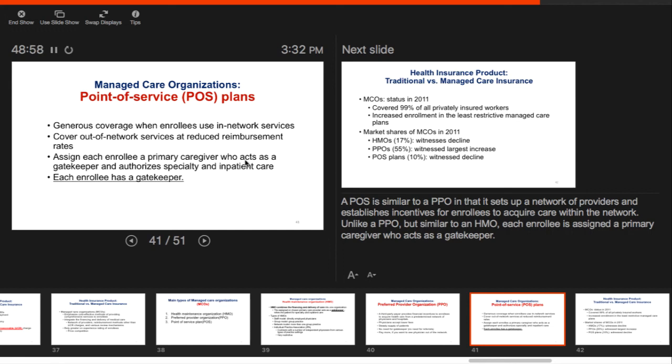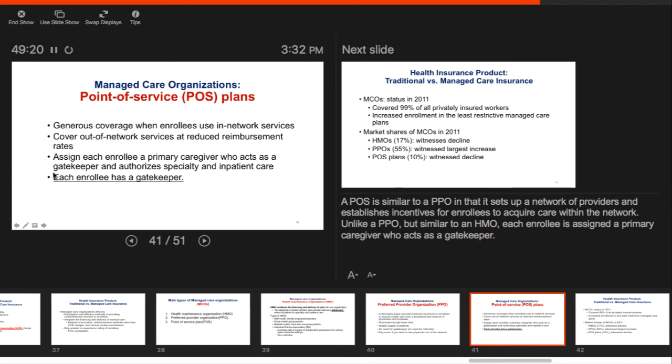In the POS, there is generous coverage when enrollees use in-network services. There is a network of physicians. You can also choose out of the network, but you have to pay more.